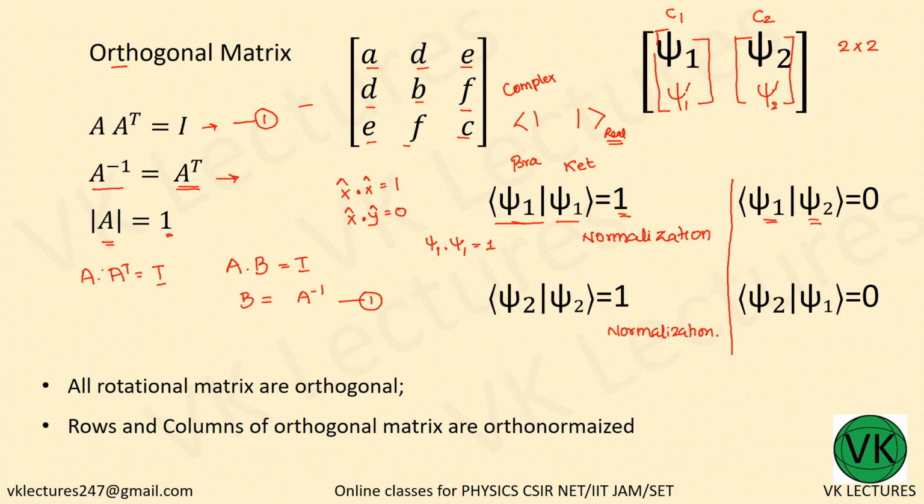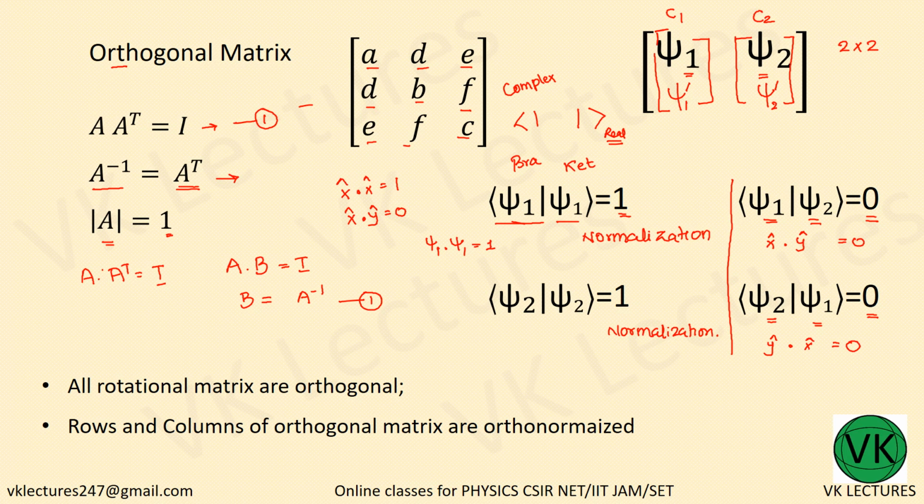So here you have psi 1, this is psi 2. When you take psi 1 and psi 2, you get 0. Similarly, when you take psi 2 and psi 1, you again get 0. So this is what happens. This is similar to x cap dot y cap equal to 0. Here y cap dot x cap equal to 0.